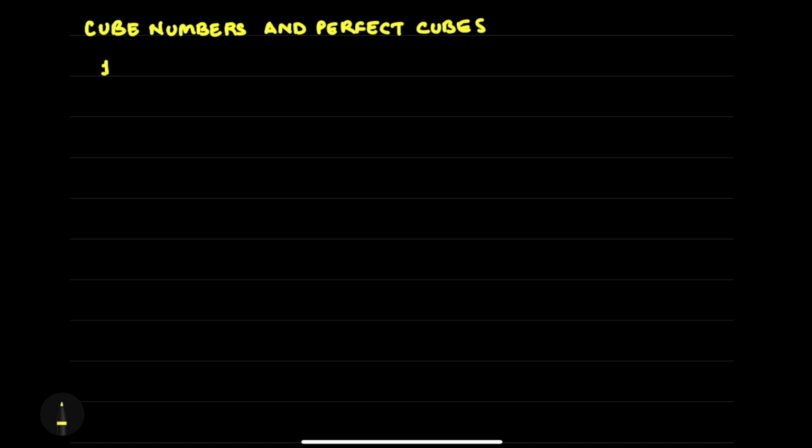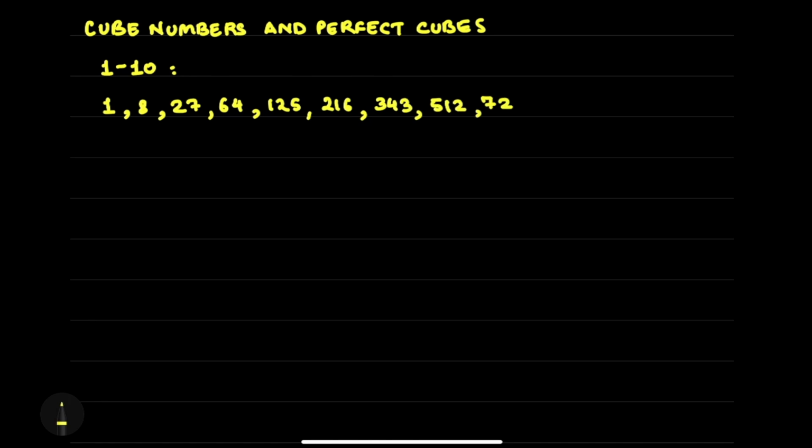For natural numbers 1 to 10, the cubes would be 1, 8, 27, 64, 125, 216, 343, 512, 729, and 1000. I'll also write the natural numbers below it. So these are the cubes of the natural numbers from 1 to 10.